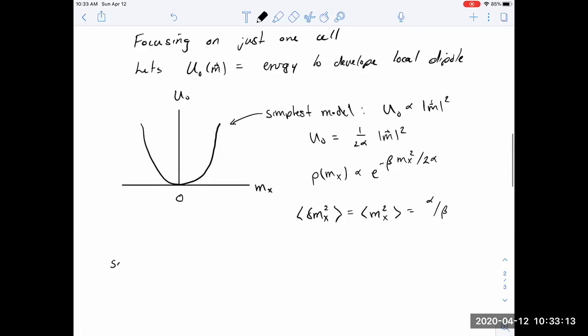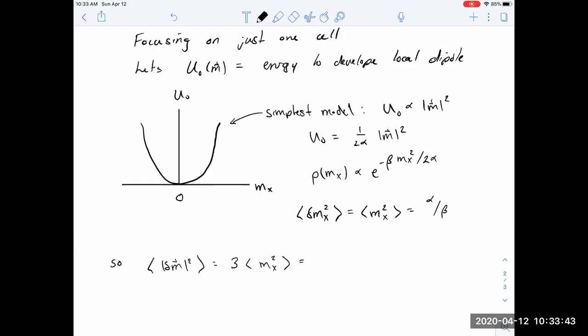But because all of them are the same, I immediately also know what the variance of the whole vectorial quantity is. It's just going to be all three directions act the same. So that's just 3 times the variance of one direction, which we just reminded ourselves was the same as just the squared average of one of those components.